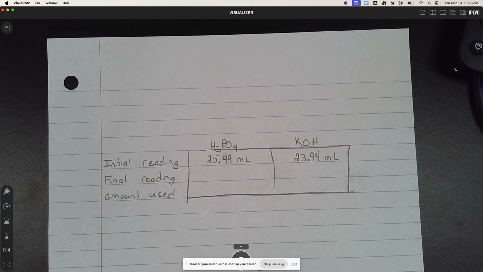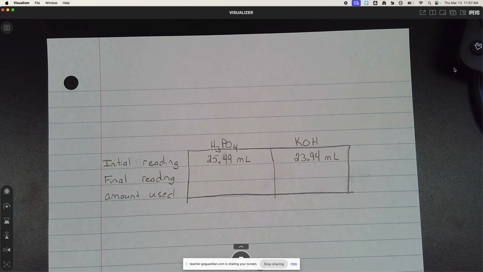And I need that pale pink to hang around for about 30 seconds to a minute before it fades away. Every drop here, it's staying pink just a little bit longer. I might be getting there.